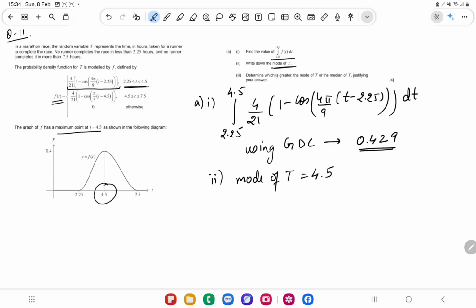Now for the third part, determine which is greater, the mode of t or the median of t, and we have to justify also.